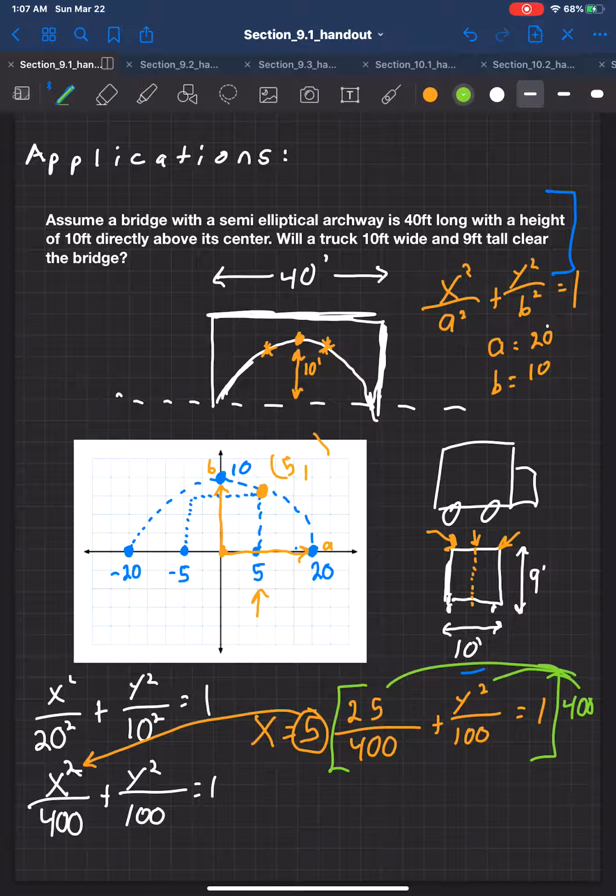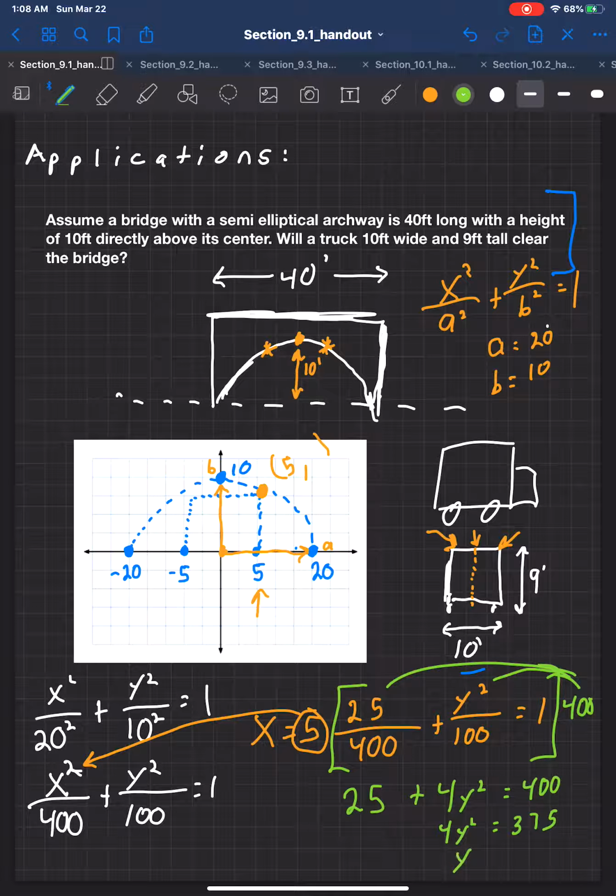Well, basically the 400s are going to cancel, leaving you with just 25 here. Now 100 goes into 400 4 times. So that's 4y squared. And of course, 400 times 1 is just 400. Ready? Let's subtract the 25, and then let's divide by 4. So 4y squared is equal to 375.